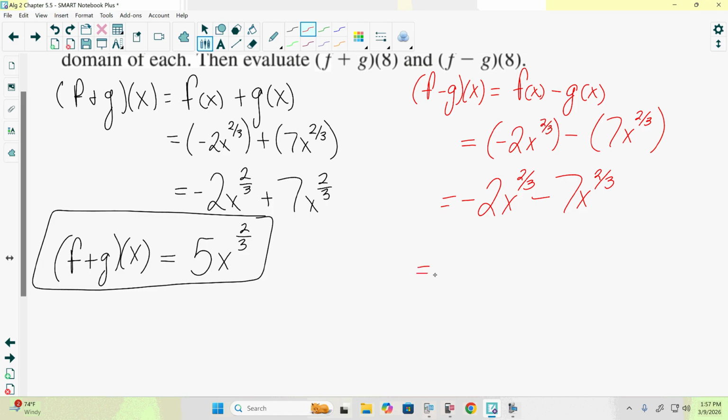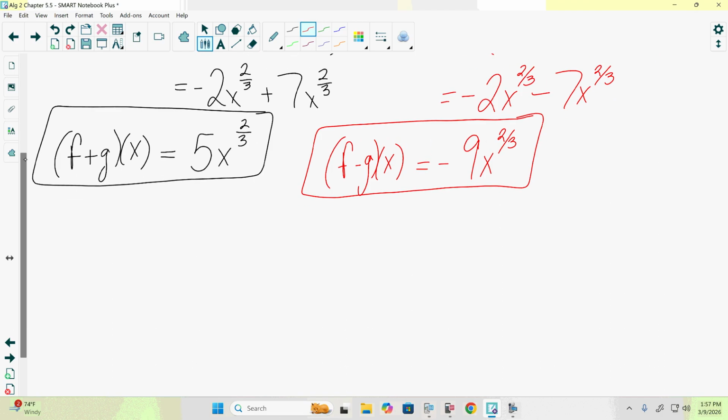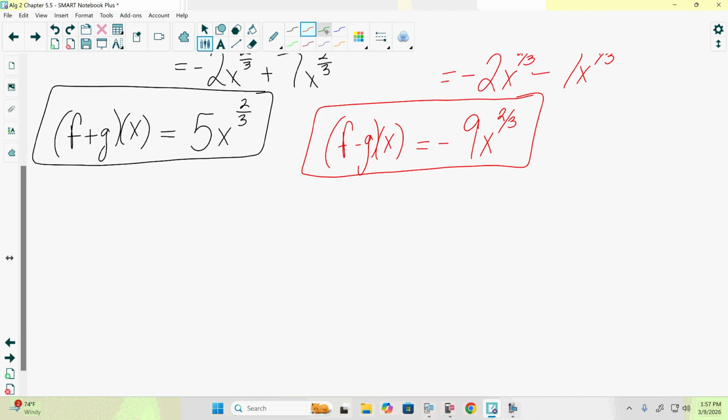Negative 2 minus 7 is negative 9x to the 2/3. Questions on how we found our sum or difference?